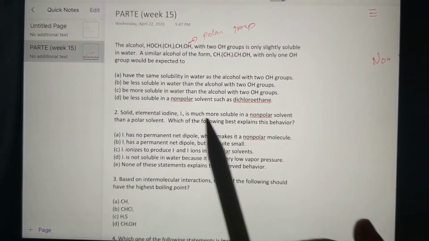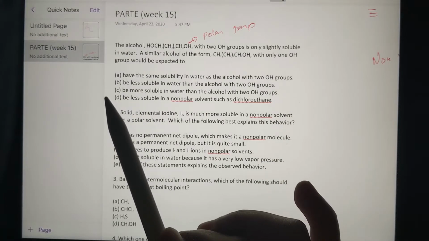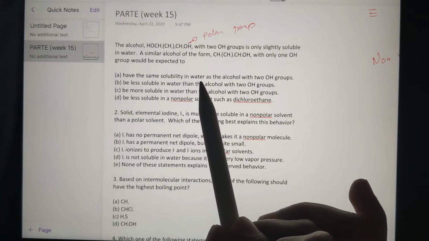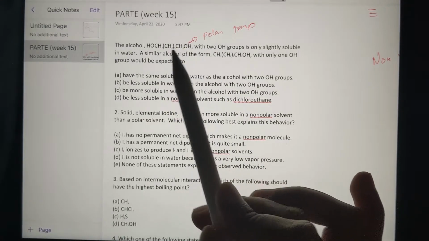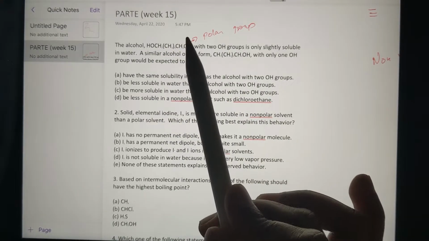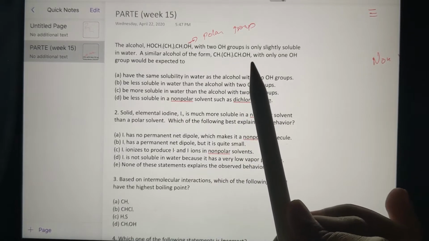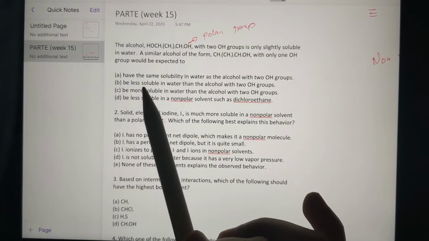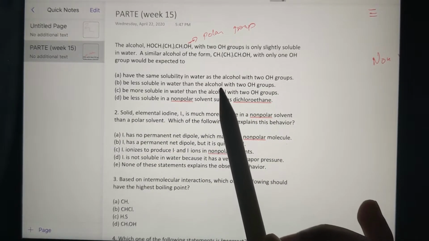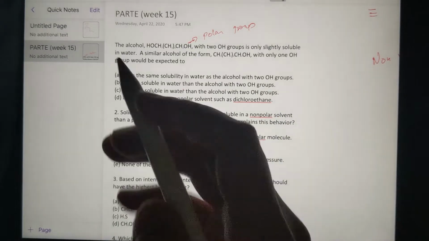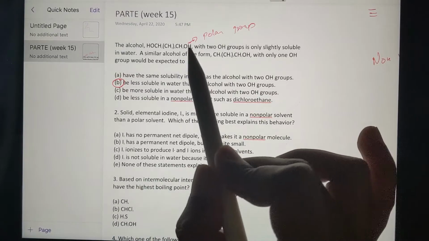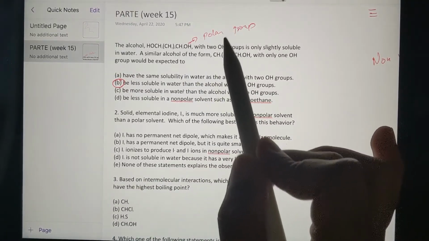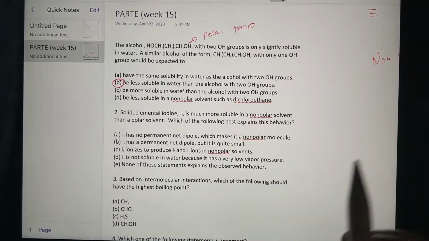So let's see which choice is correct. This one says they have the same solubility in water, which is not true because this one has two hydroxyl groups and this one has just one. The choice that it will be less soluble in water than the alcohol with two OH groups is your correct choice, because this one has two polar groups while this one has just one.